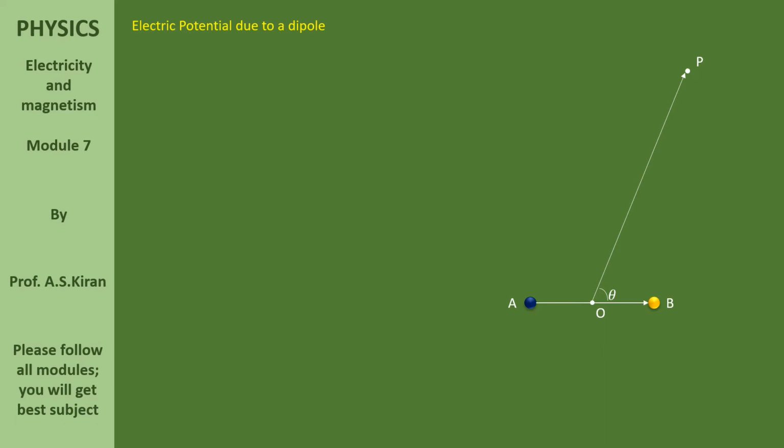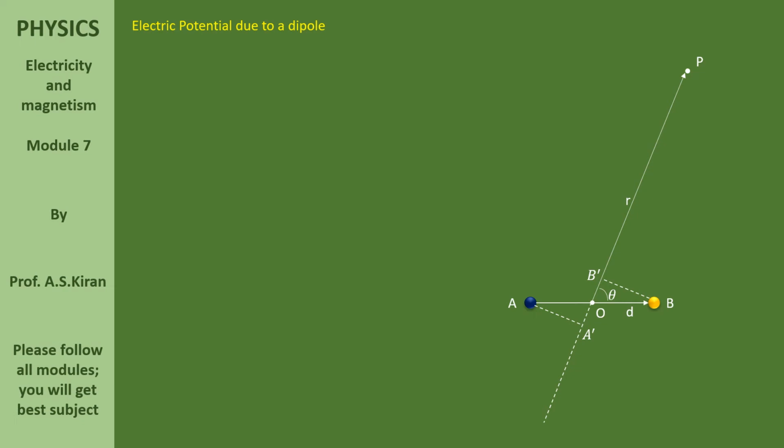From O to P, let us consider a line. What is O here? The center of the dipole. What is P? The given point. Let us join O and P. You can denote it as r, the distance from the center of the dipole to the point.